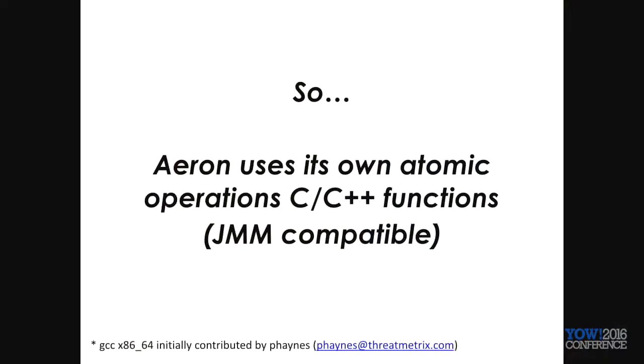So what did we do? Well, luckily we had a contributor that took the initiative, went through the JVM code, looked at the actual instructions which are emitted and how they are kept from being reordered, and allowed us to use that as a set of atomic operations that are sort of compatible.